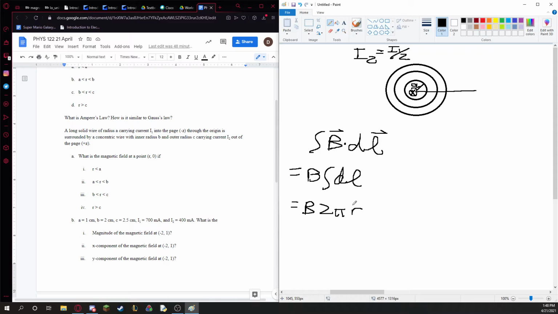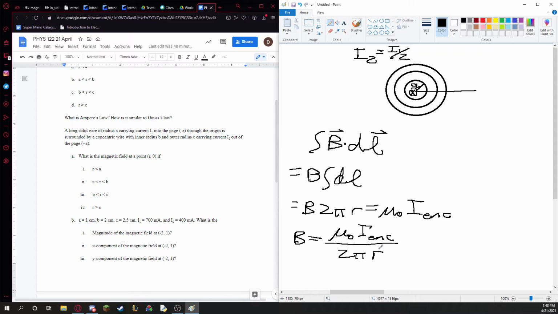Boom, exactly. We've gone ahead and simplified our integral down, and then we know that this is equal to mu naught I enclosed. So then B is equal to mu naught I enclosed over 2 pi r. Nice and easy.